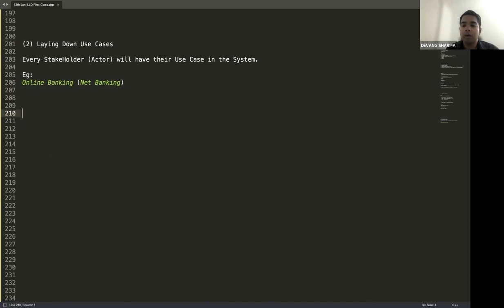Who all are actors in that entire system? Customer is one. What else? Come on, guys, think through it. Bankers can be considered as another. What else? Anybody else? Customer care rep. Technically, they'll become part of bankers only, right?